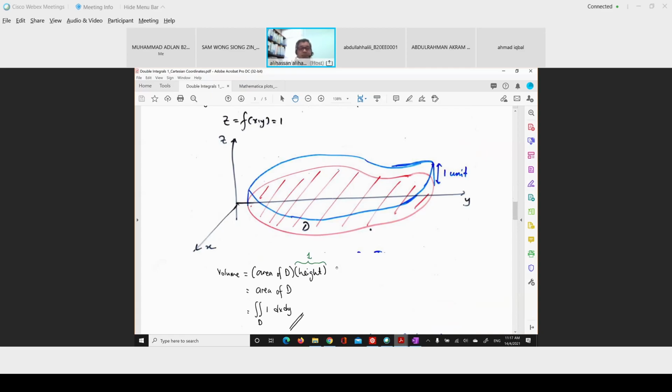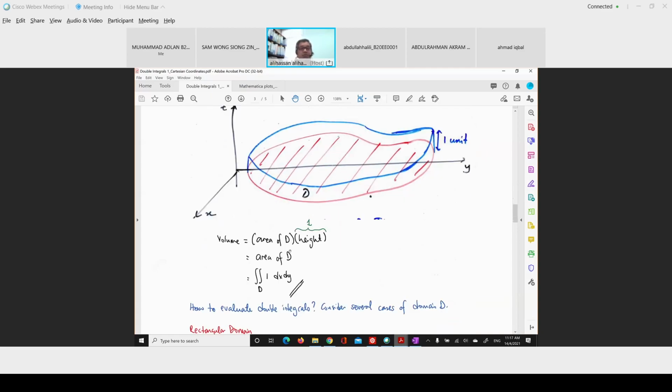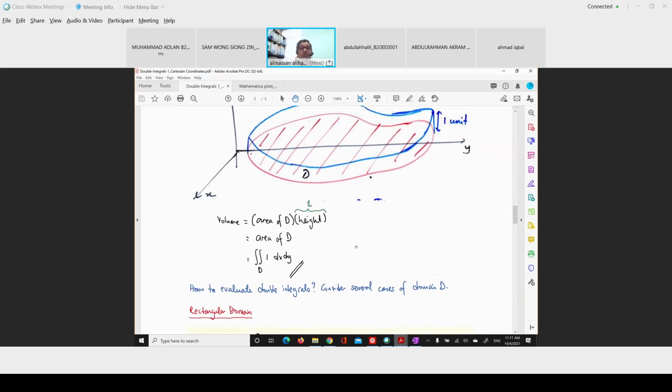The height is 1. Therefore, the volume is equal to the area of D. That is why, when z is equal to 1, the calculation of the volume is equal to the calculation of the area of the domain D.